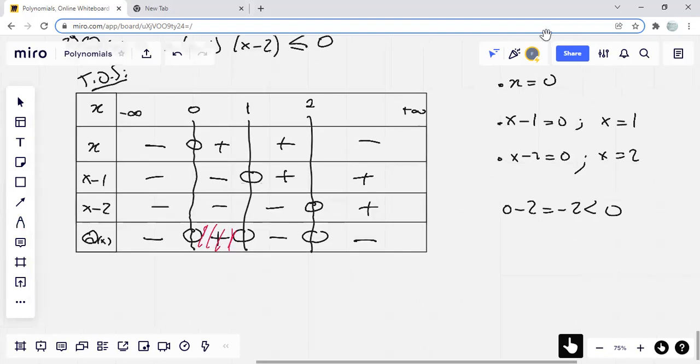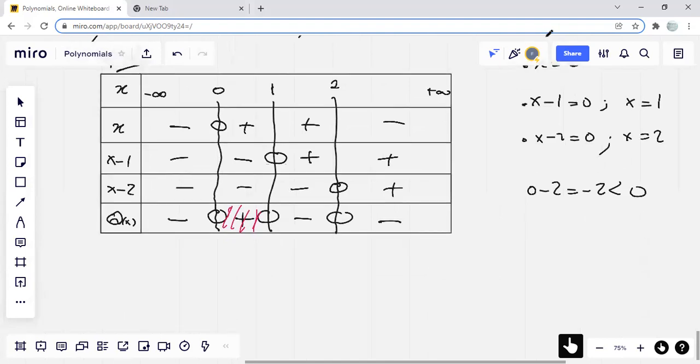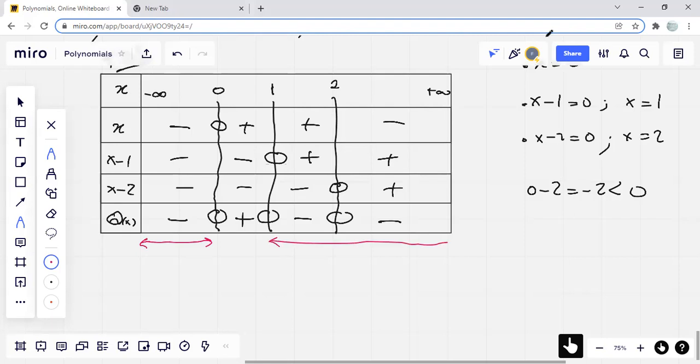How can we write this in the form of an interval? We want all the numbers from -infinity to 0. We want all the numbers from 1 till +infinity. So q of x is less than or equal to 0 when x belongs to what interval?